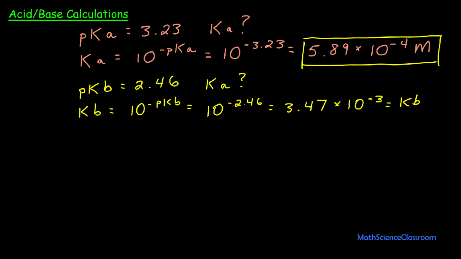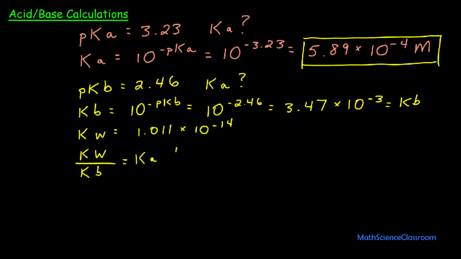Now we know that Kw, or the dissociation constant of water, is 1.011 times 10 to the negative 14. And we know that Kw divided by Kb equals the Ka. So let's do this calculation.